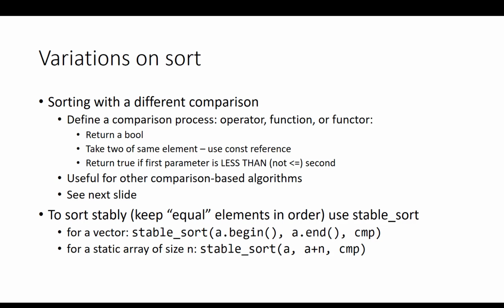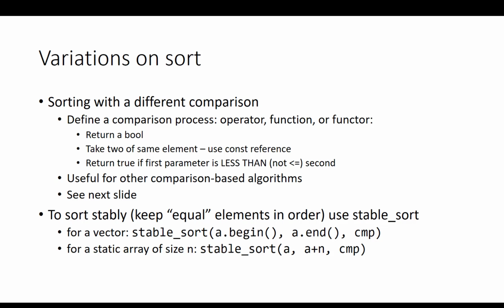The idea is they take two of the same element and compare them, and you return true if the first parameter is less than the second one. Not less than or equal, but less than. So if you're comparing A and B, you return true if A is less than B, and you return false otherwise.